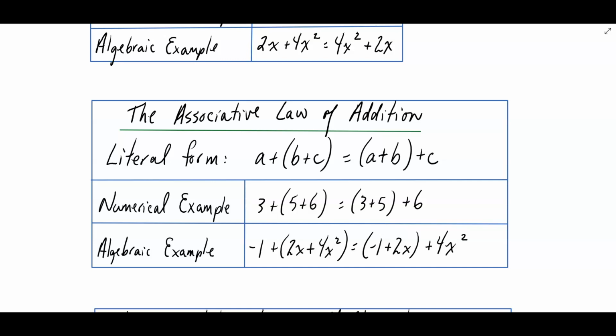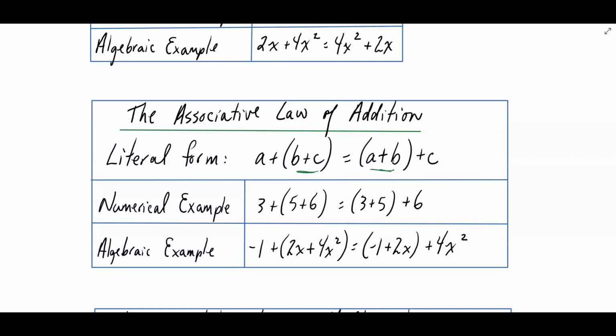You'll notice the brackets tell us about grouping. On the left side, we would find the sum of b plus c first and add that sum to a. Whereas on the right side, we would find the sum of a plus b first and add c to that sum. And so the grouping doesn't matter.